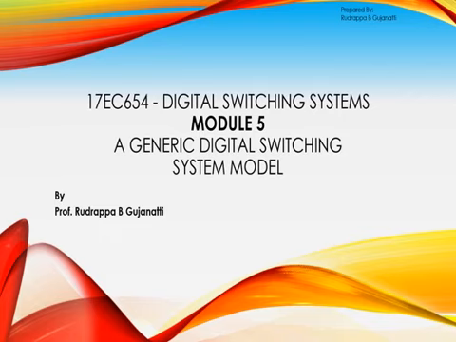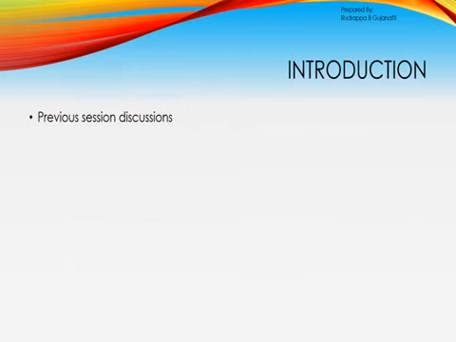So in this session, we'll be starting off with the next part of module 5, which is related to a generic digital switching system model. In previous sessions, we had discussed a few of the concepts related to the hardware and the software aspects of a digital switching system.